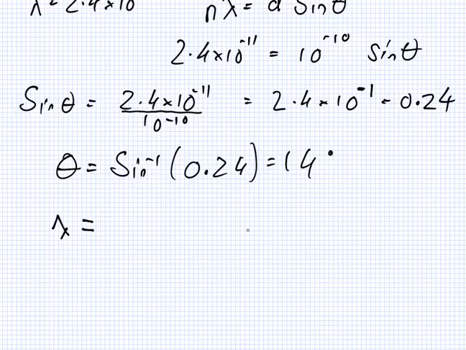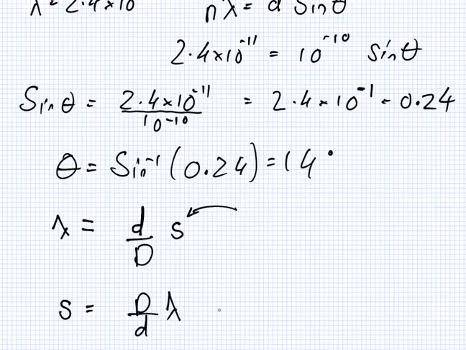So we have here, I'll switch it now. Slit separation, distance, and then fringe. Okay. So I would like to know this one. So I can get s equals D lambda over d, which is 1 times 2.4 times 10 to the minus 11 over 10 to the minus 10.